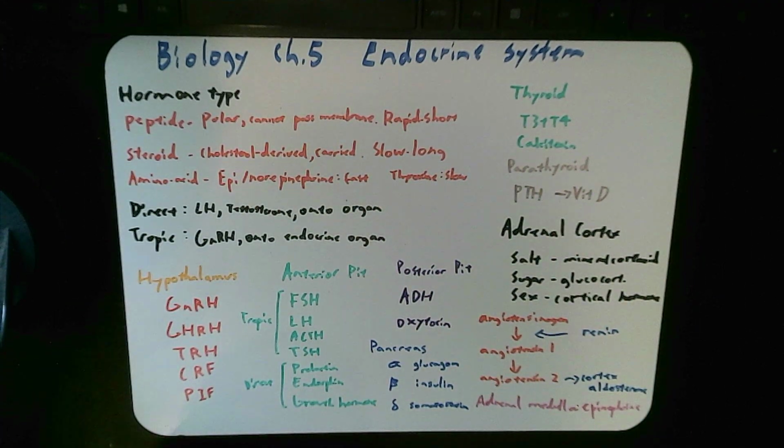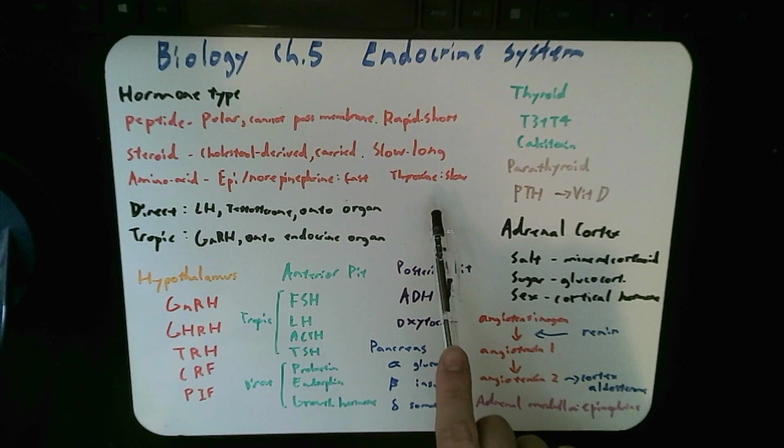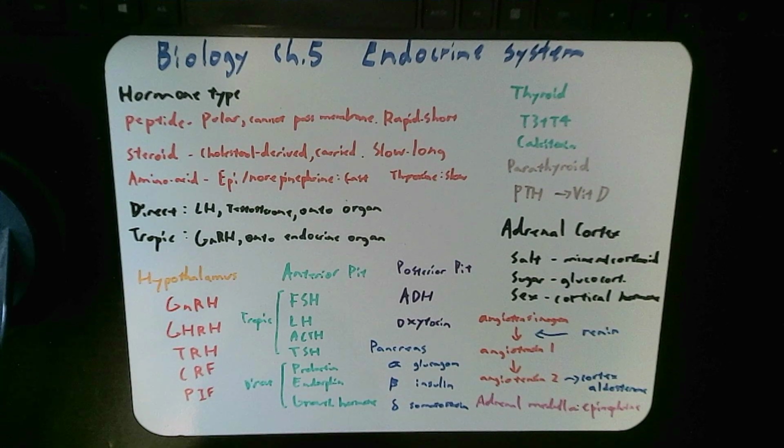However, hormones like thyroxine and triiodothyronine both act like steroids because they are slower and longer to act, and they last for a longer time period. So those ones, thyroxine, that's T4, it acts on the thyroid gland.